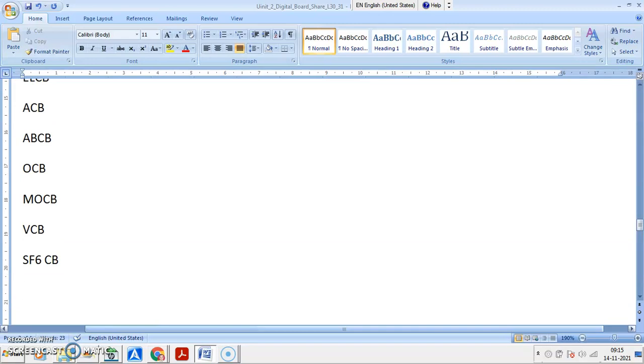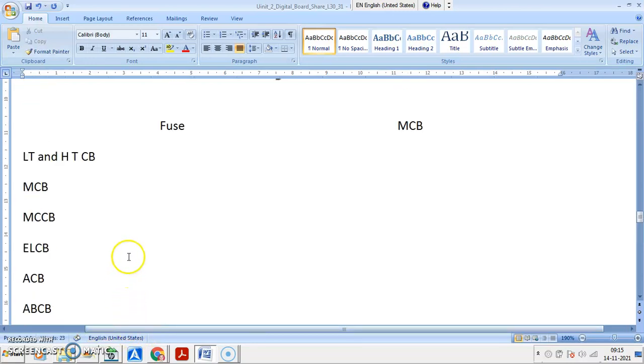And especially one more is, this is not a particular type, but we can say so, not necessary, right? So these are the circuit breakers that we can choose properly for ST and LT.